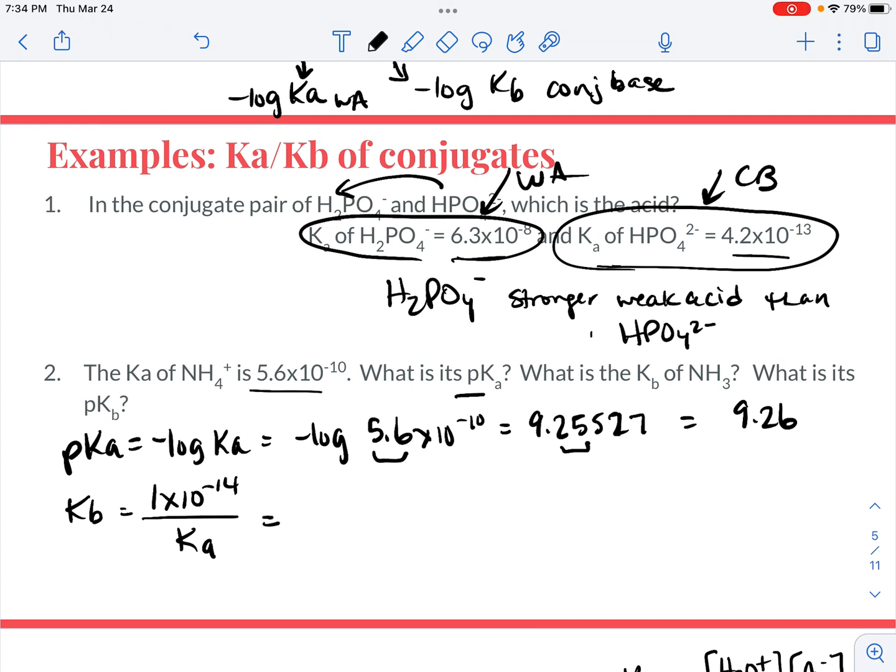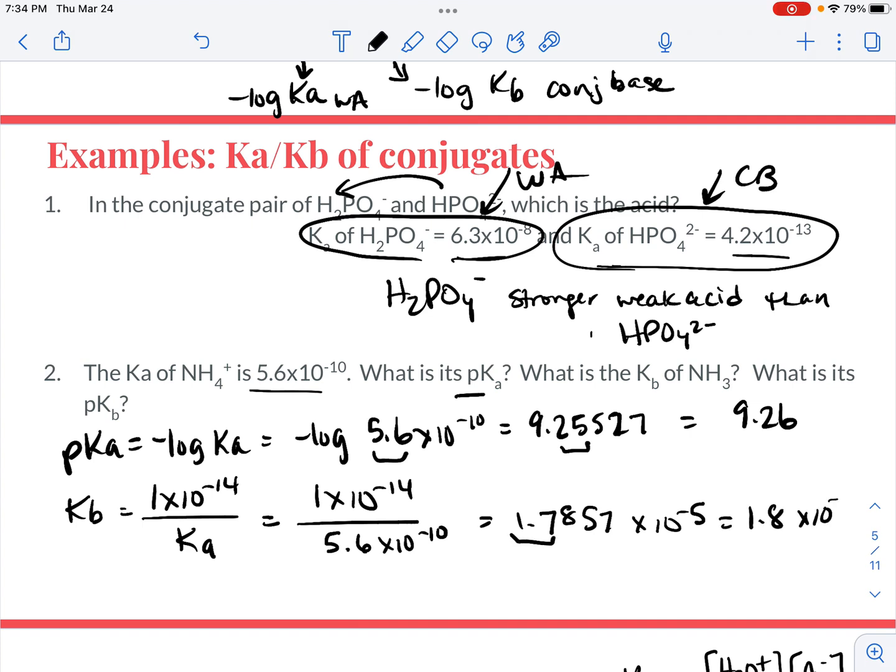So the Kb would be 1 times 10 to the negative 14th, divided by the Ka we were given, 5.6 times 10 to the negative 10th. And that gives us 1.7857 times 10 to the negative 5th. I have two significant figures, so this is going to be 1.8 times 10 to the negative 5th equals Kb.